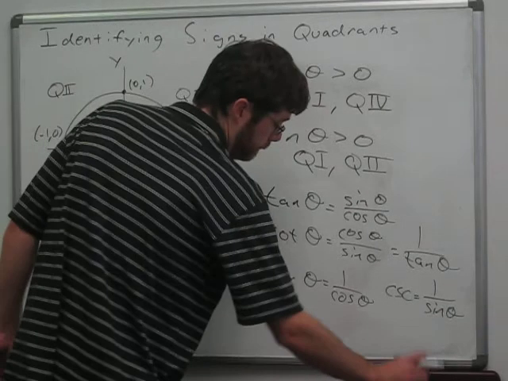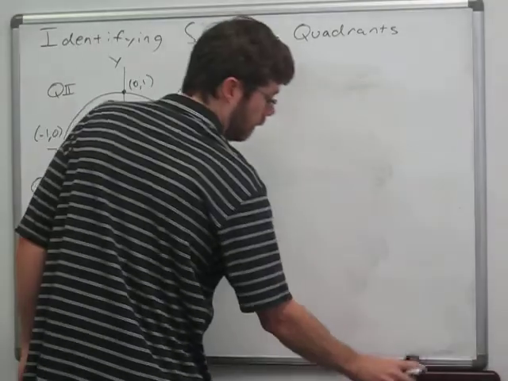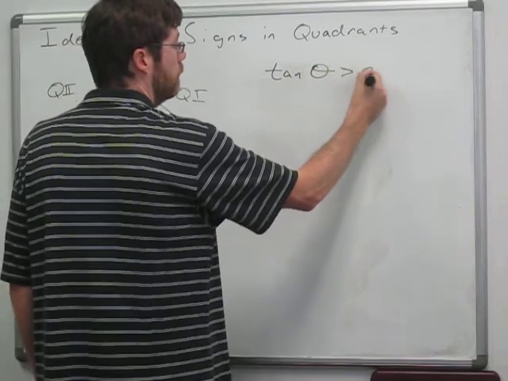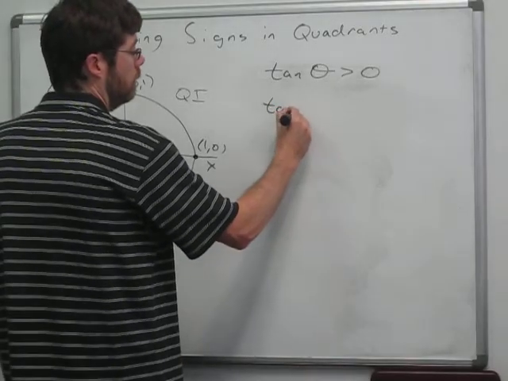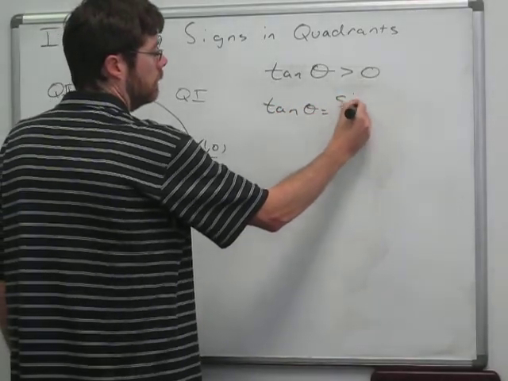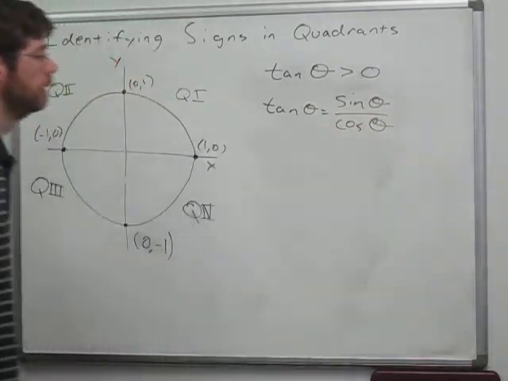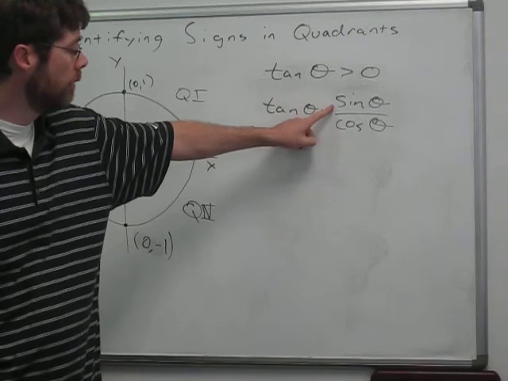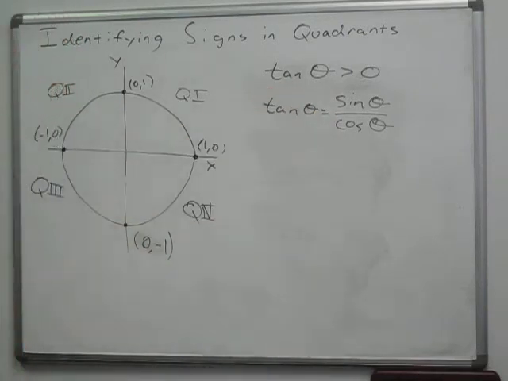For example, tangent theta. Where is this going to be positive? Well, tangent theta is the sine over the cosine. So wherever sine and cosine are both positive or both negative, we will get a positive result for tangent.